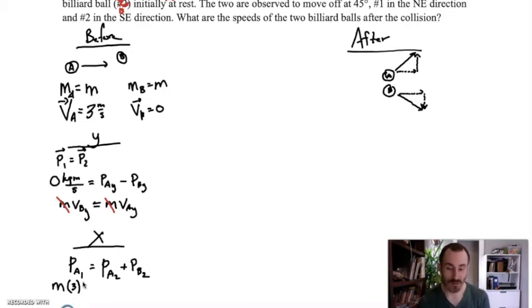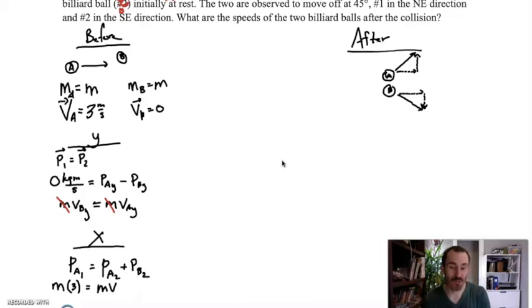So mass times 3, that's the momentum of ball A at the beginning, is equal to the momentum of ball A at the end. So that's mass times we don't know what. This is where we're going to have to do some trig. Okay, so we need the x velocity of A at the end.